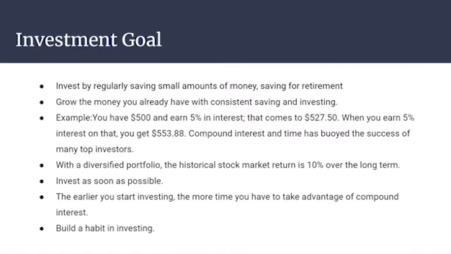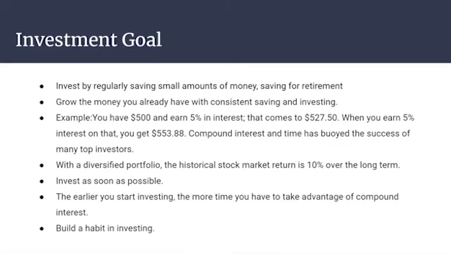When you earn 5% interest on that, you get $551.25. Compound interest and time have fueled the success of many top investors. With a diversified portfolio, the historical stock market return is around 10% over the long term.